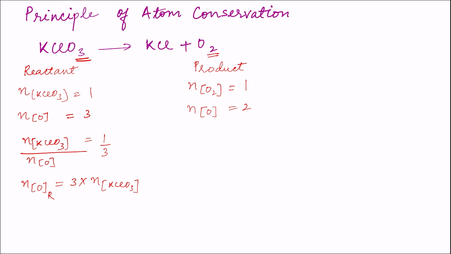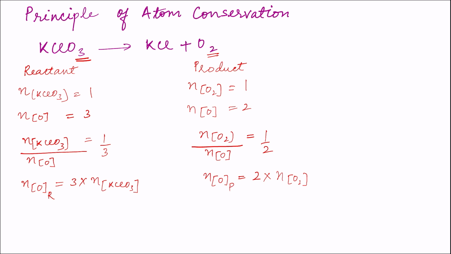Now dividing, moles of oxygen divided by moles of oxygen atoms in 1 mole of oxygen is equal to 1 by 2. Cross multiplying, moles of oxygen atoms in 1 mole of oxygen is equal to 2 into moles of oxygen. This is the moles of oxygen on the product side.